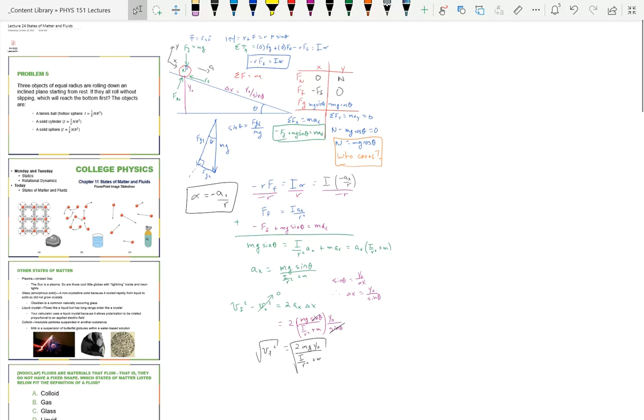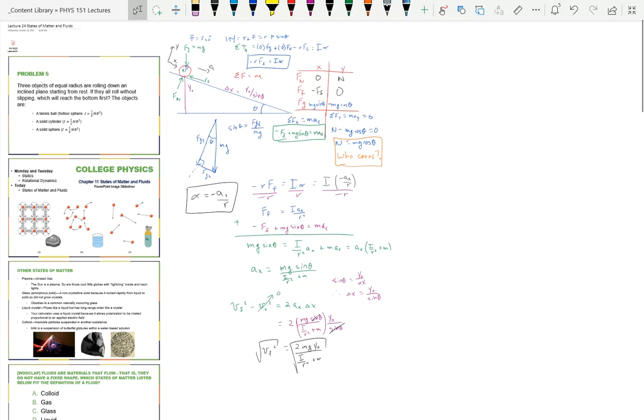If there was no friction at all, it would have slid without rolling. It would have been all translational kinetic energy, no rotational kinetic energy. But if you transfer some of the energy into rotational kinetic energy, what is that going to do to the translational kinetic energy? You have this amount of energy. It was all translational, but now it's split, so this much translational and this much is rotational.